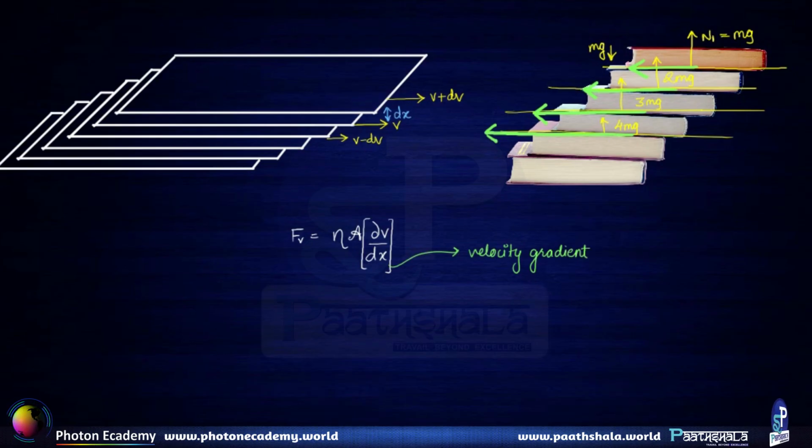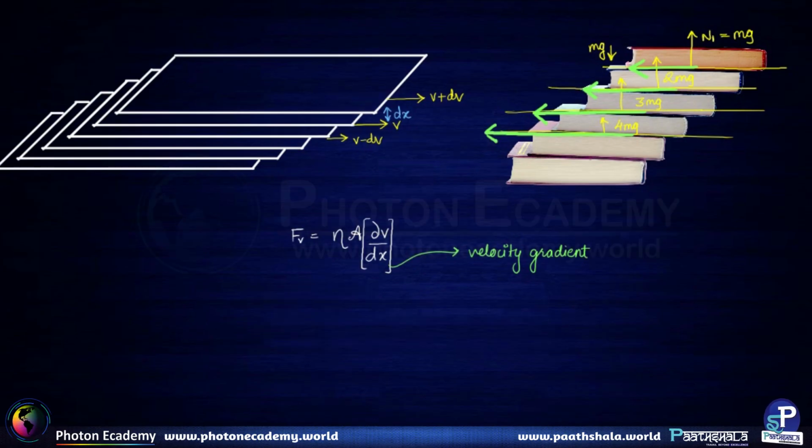Velocity gradient essentially tells us how the velocity is changing as the height is changing, or as we move along the perpendicular direction, how does the velocity change? Direction perpendicular to the fluid flow direction. Alright, A happens to be the area of contact, that is understood.